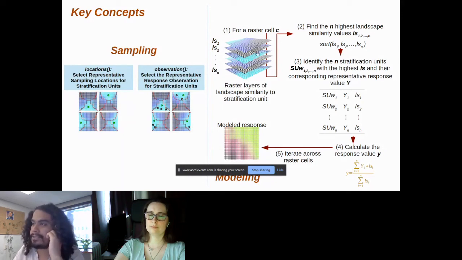But also, these layers can be used to train some sort of predictive modeling algorithm, which is based on weighted average. And the weighted average in Rasta is performed using this landscape similarity as weighting factors. Now, this is some sort of nearest neighbor, not in the geographic space, but in the feature space.